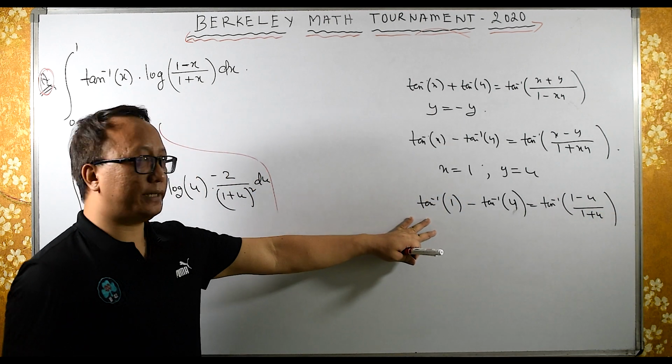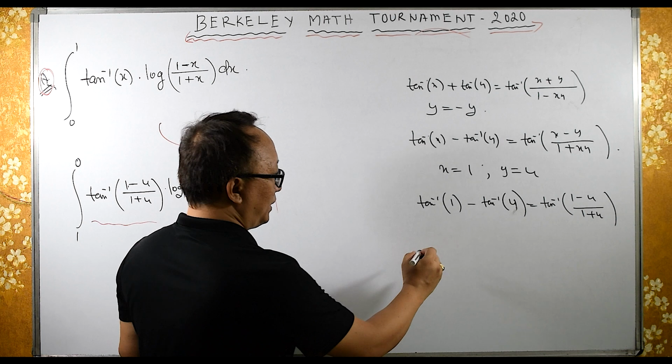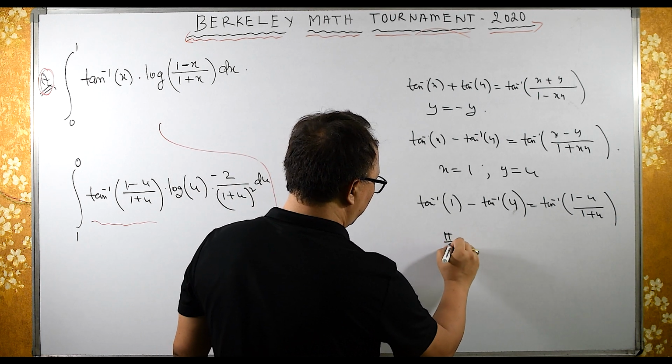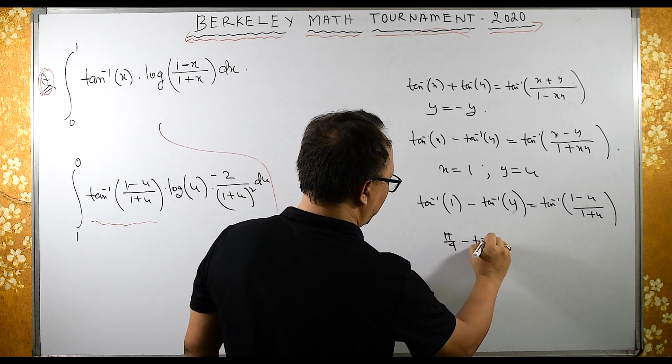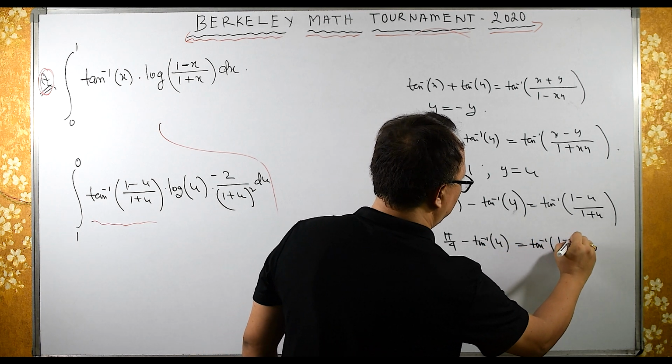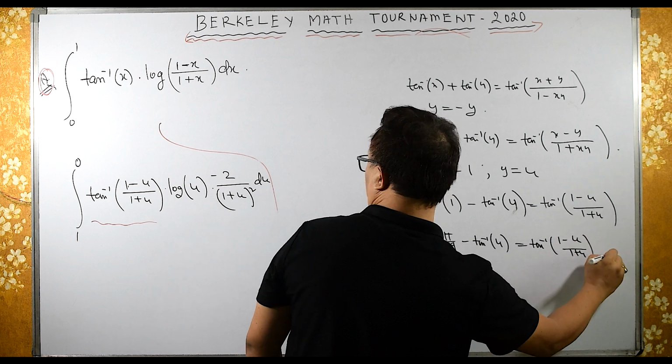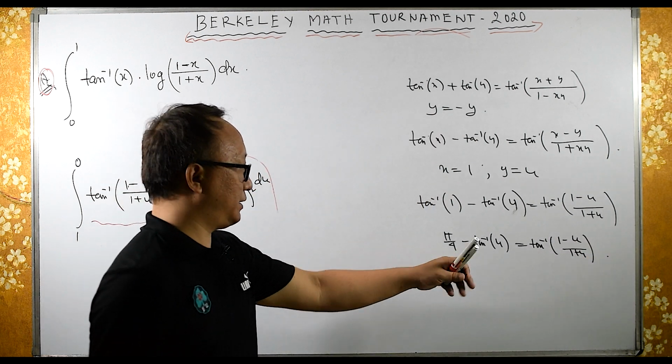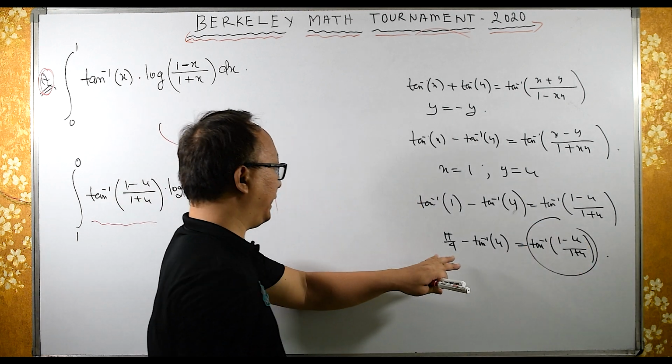What is tan inverse 1? Tan inverse 1 is at 45 degrees. So I can write pi by 4 minus tan inverse u equals tan inverse of (1 minus u) upon (1 plus u), and I can write it like this instead.